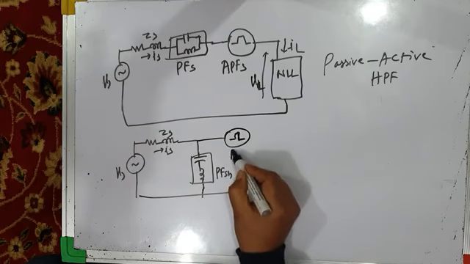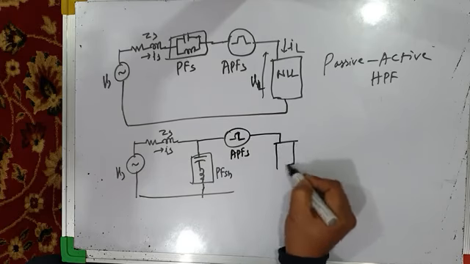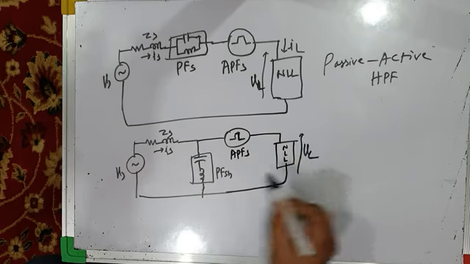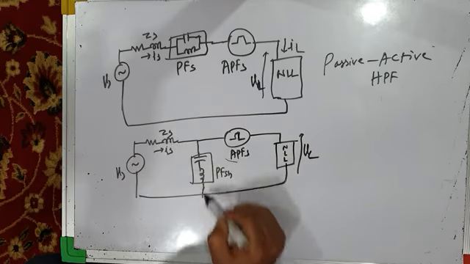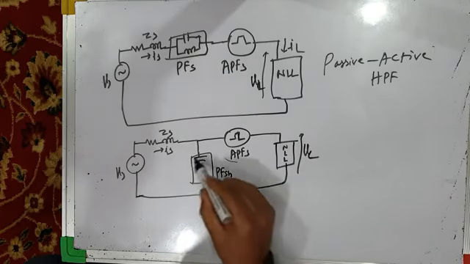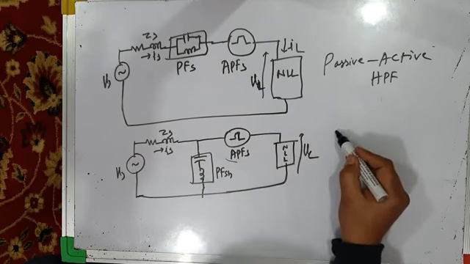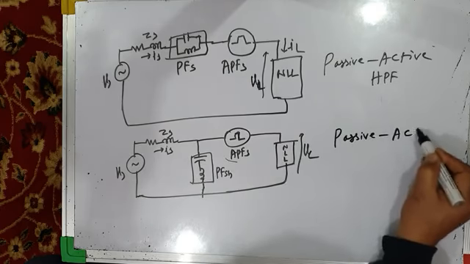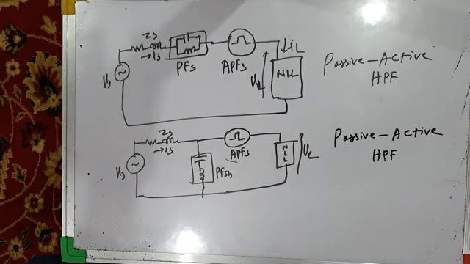This is the active power filter series, and this is your non-linear load, voltage is VL. The series active power filter will take care of voltage harmonics, and the shunt passive filter will take care of current harmonics. So we have a shunt passive power filter and a series active power filter. This is also an example of a passive active hybrid power filter, passive active HPF, right?